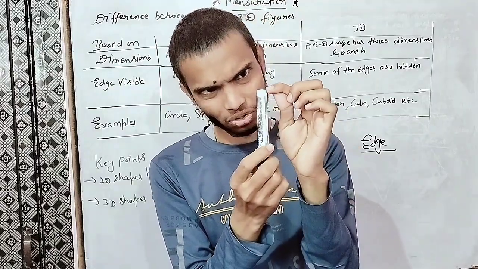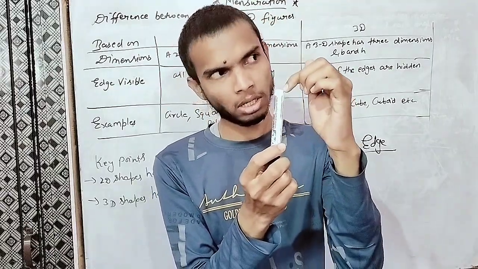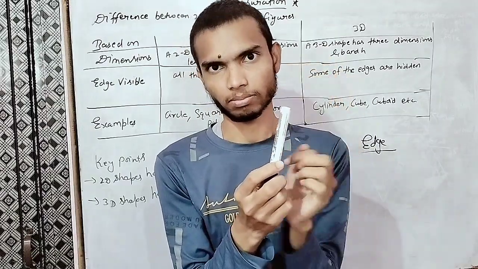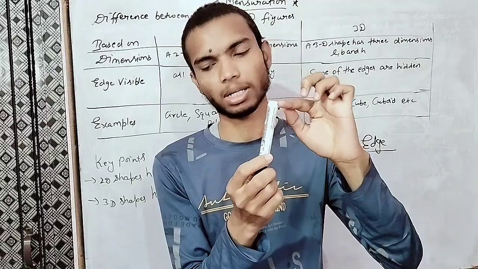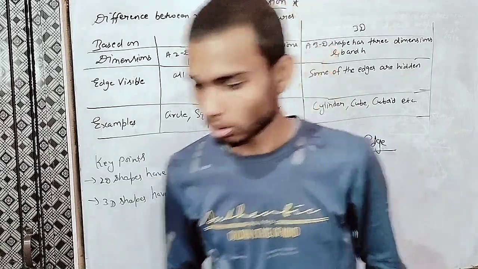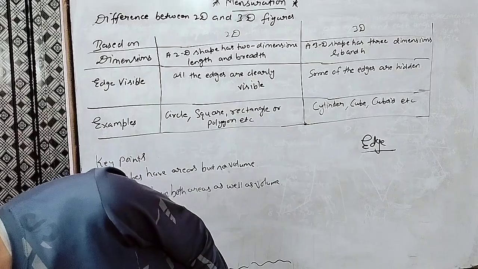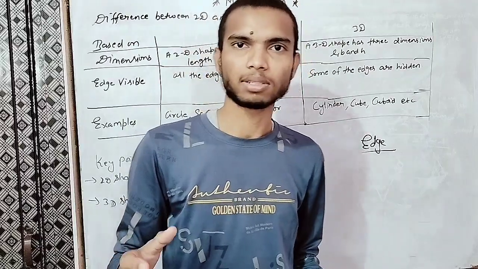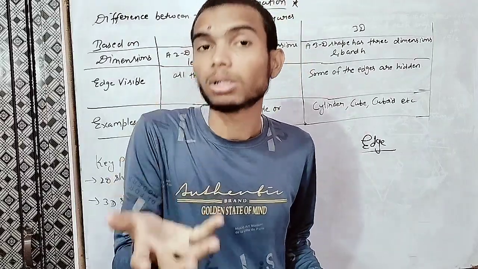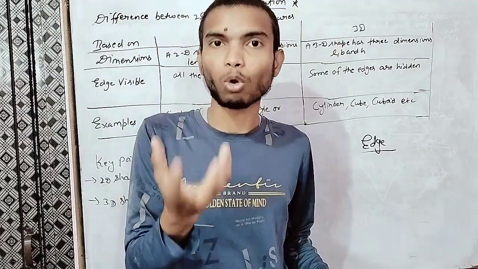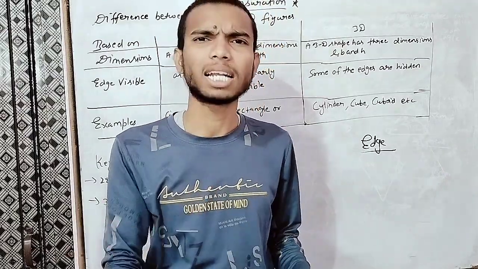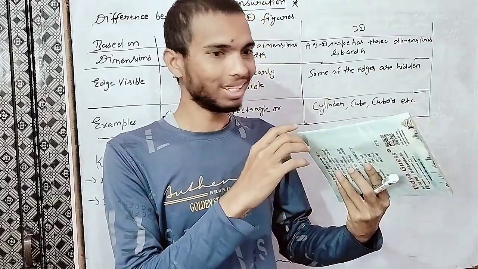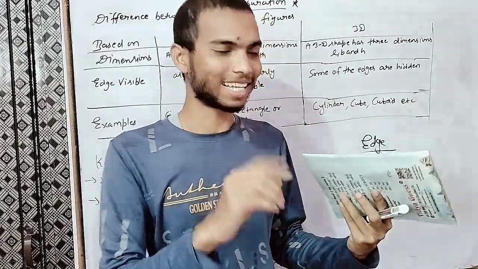But this circle type is what we call an edge. If you didn't understand, these are examples that we notice and observe in our daily life.